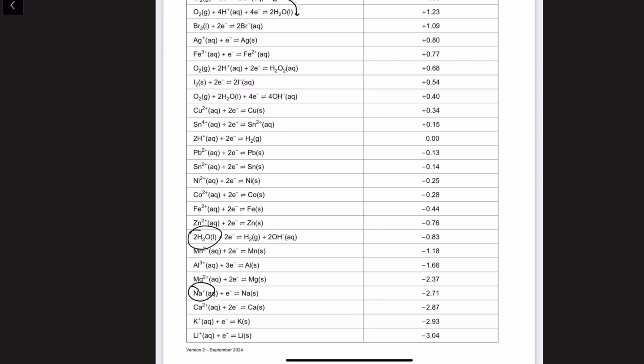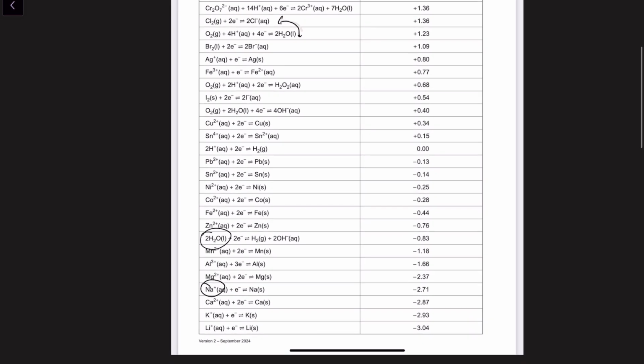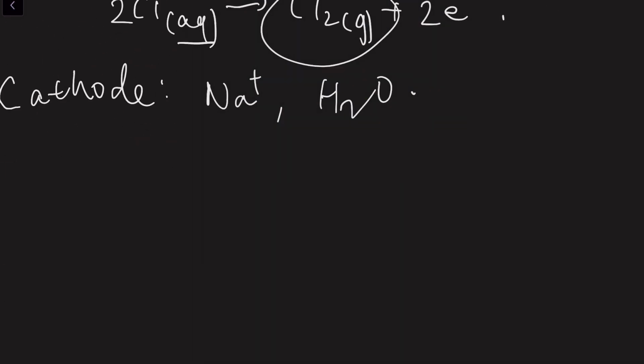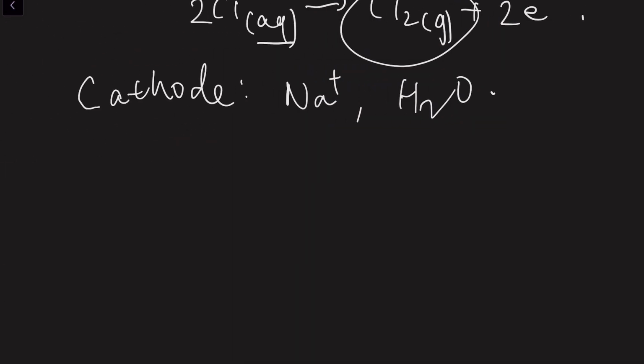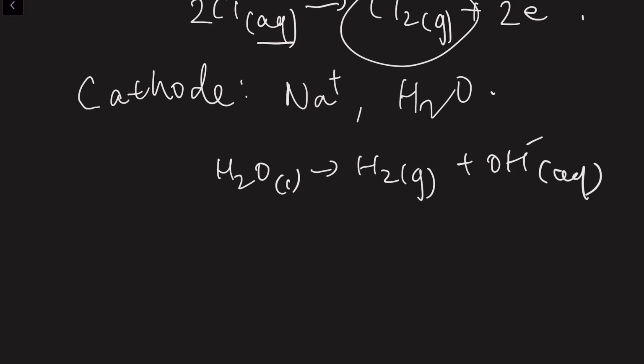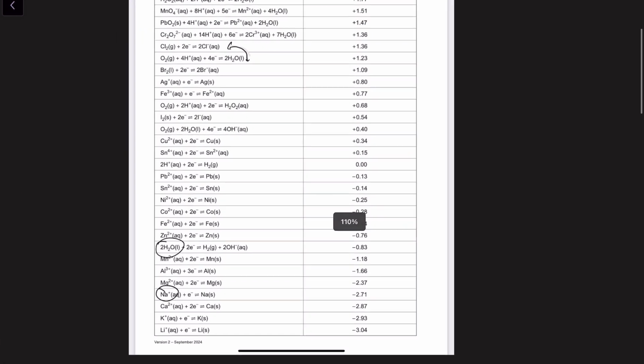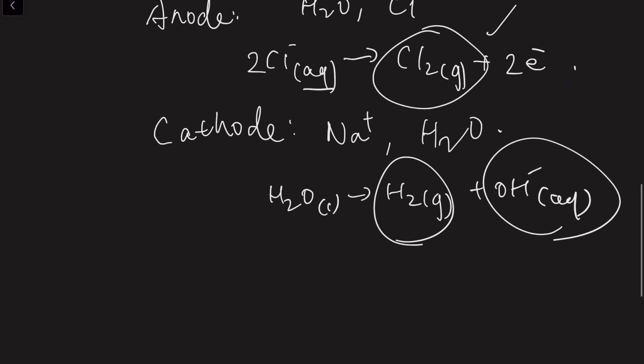So we know that water will be reduced preferentially. So the reaction would be the production of hydrogen gas and hydroxide ion. Let's copy down the electrons flow as well. So this is the reduction half equation.